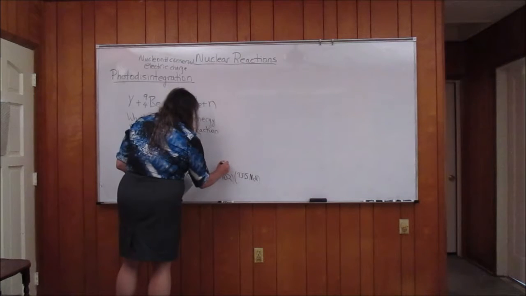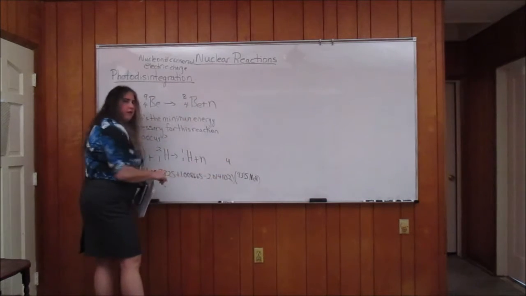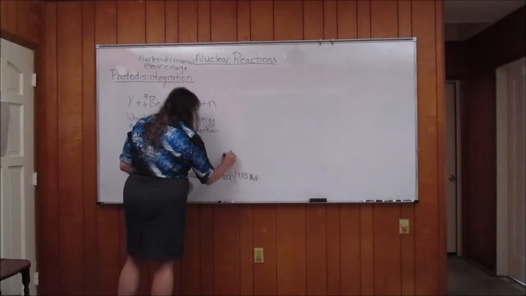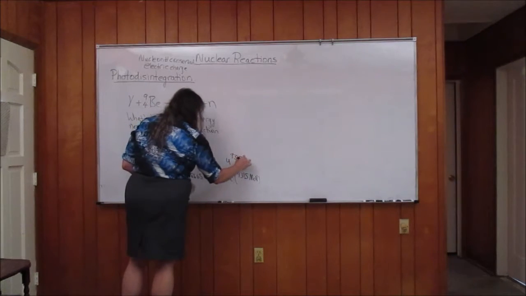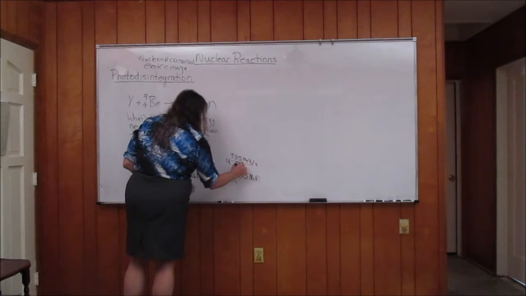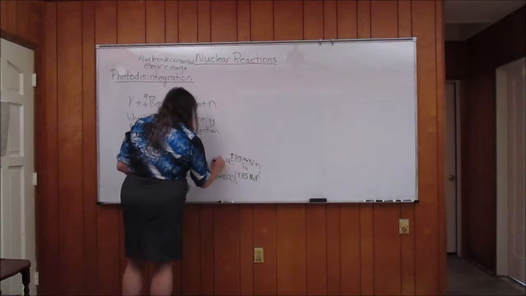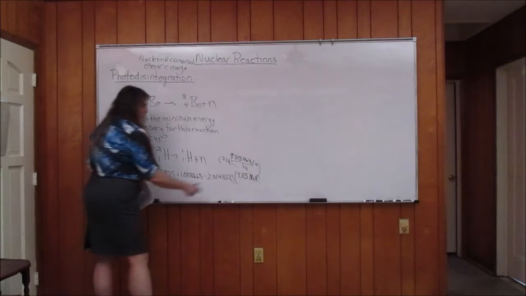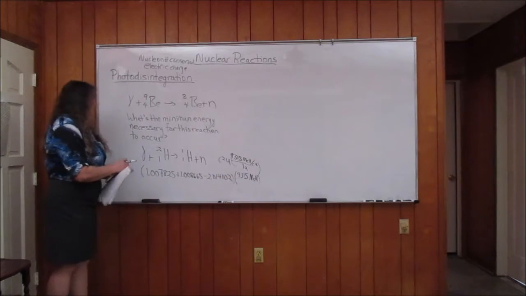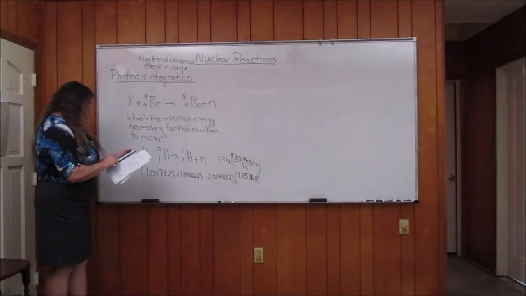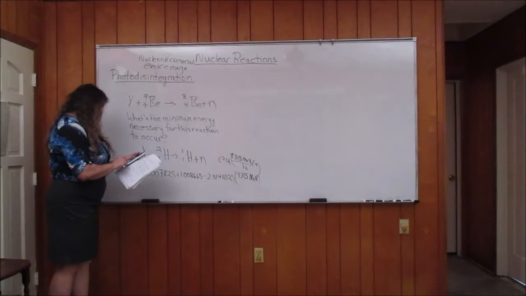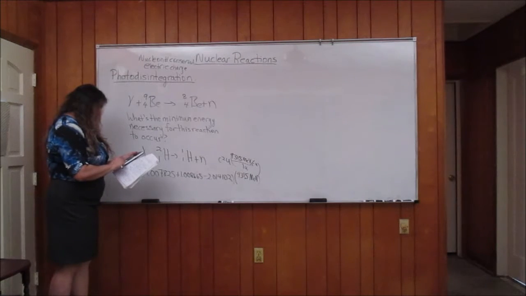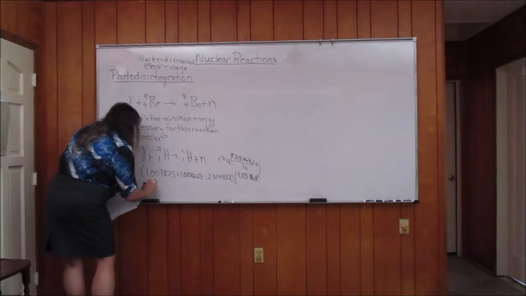If you want to be a stickler about the units, the conversion factor is 931.5 mega electron volts over c squared equal to 1 u, and of course everything's multiplied by c squared. So the c squares cancel out, the u's cancel out. It's basically the same thing as multiplying by 931.5.